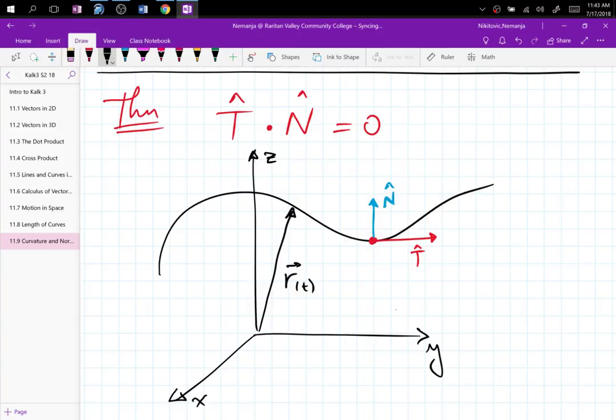It's better if I draw this towards the point over here. So this is point P they're talking about. Now I have the curve represented by this vector R, the parametric vector valued function.